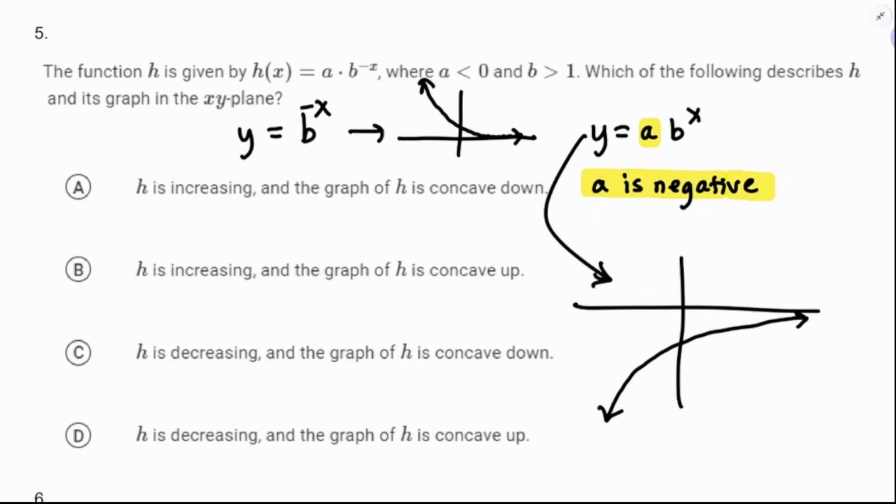So it'll look like that. So I'm seeing that this graph, as I move left to right, I'm going uphill. So that's increasing. And the graph is concave up or down. Well, that's the attitude. Now, if I put the eyes over the curve, it looks like the thing's frowning, so that's concave down. And so concave up is out, and there we go, like that.